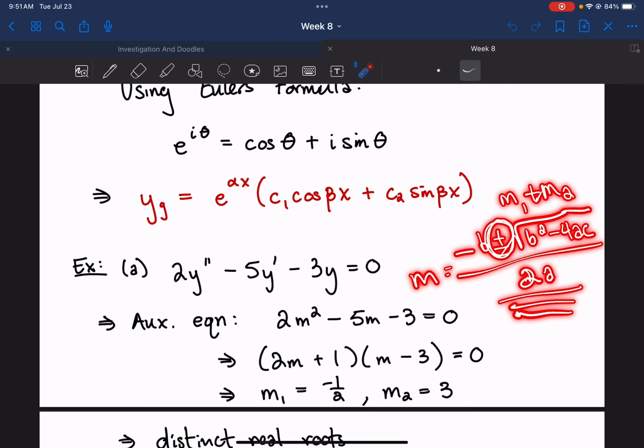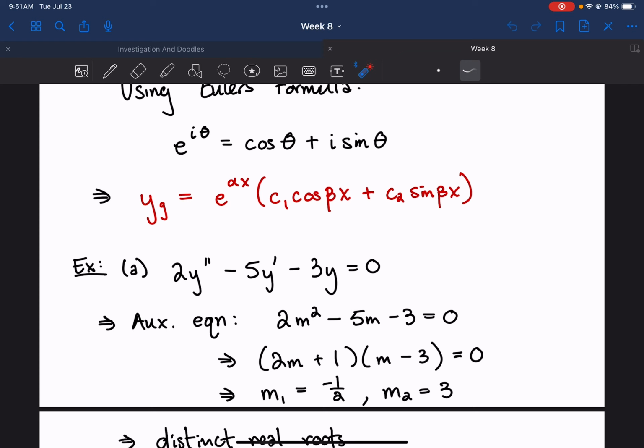Or if you know how to factor, either by grouping or by guess and check methods, do it however you like.